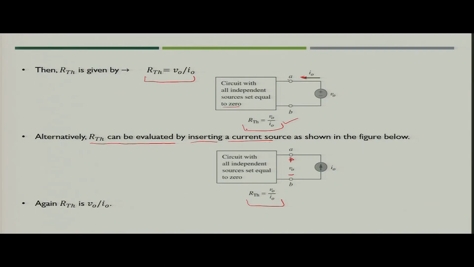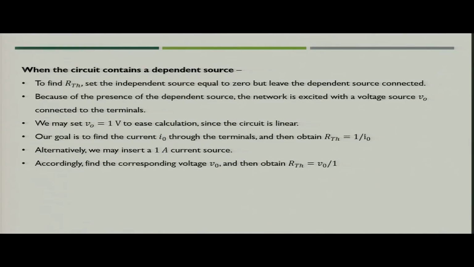You can use either of them and you will eventually get the same result. So, what process do we follow when the circuit contains a dependent source? We find Rth, the Thevenin resistance, by setting the independent sources equal to 0 and leaving the dependent sources connected.